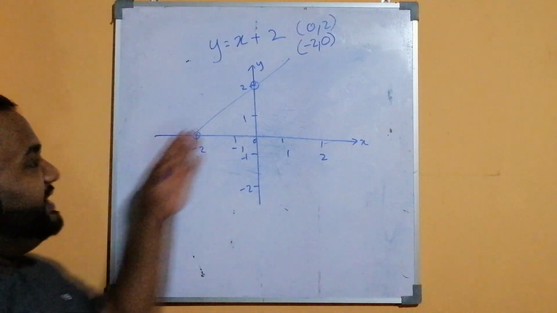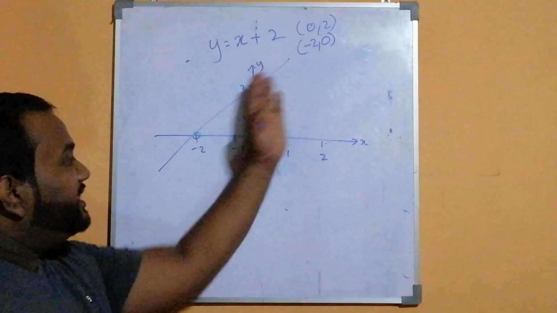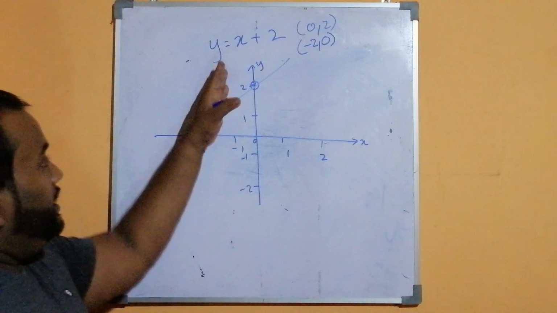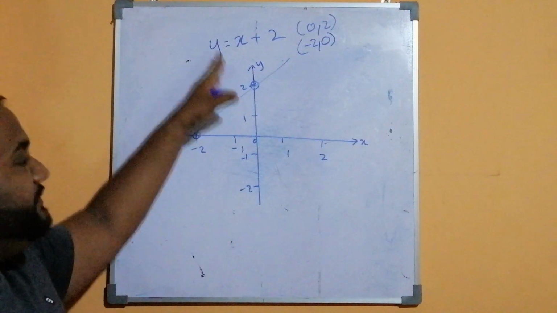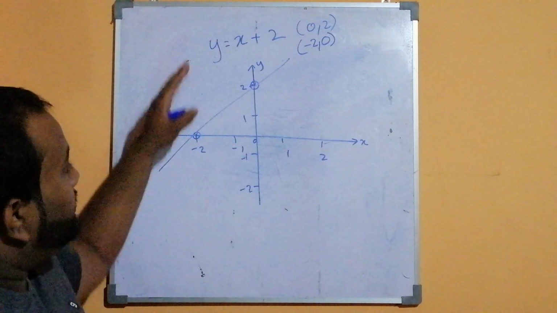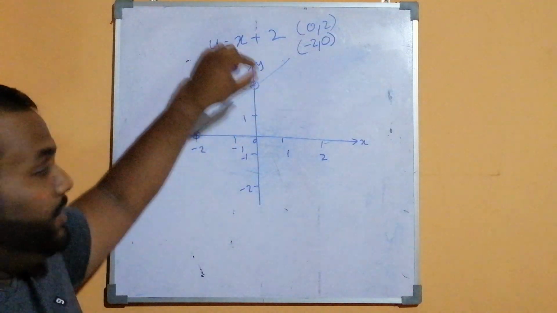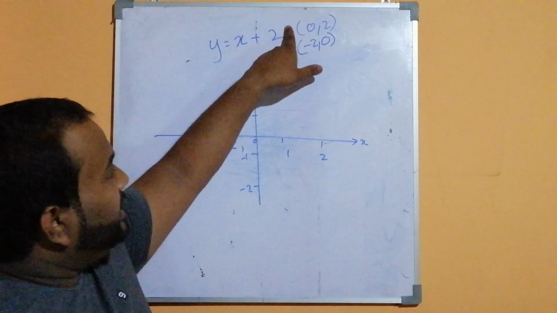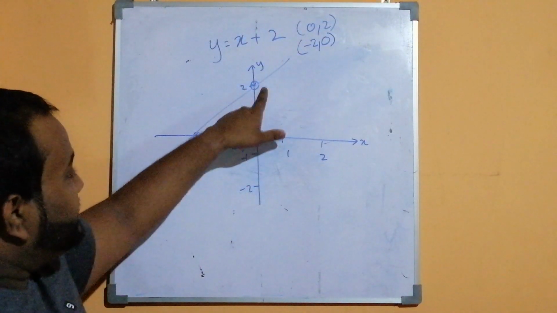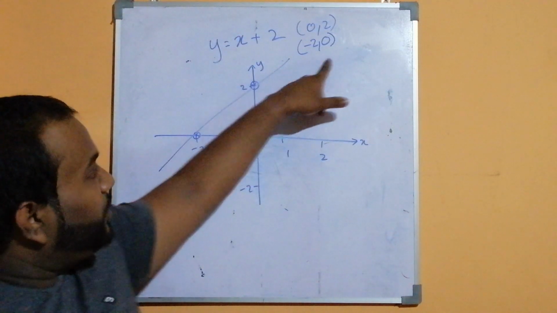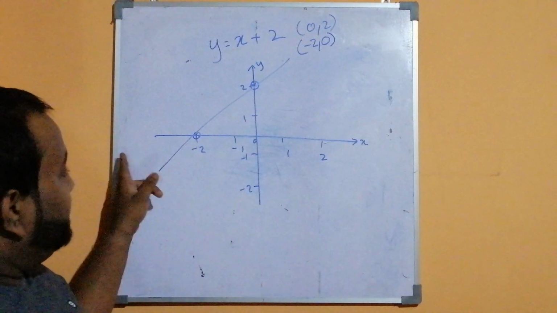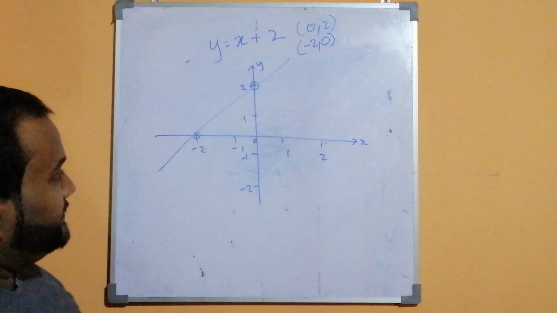As you can see, this is a straight line graph. Very simple. We sketch the graph by only using two coordinates, where one coordinate is the place where the graph cuts the y-axis and the other coordinate is the place where the graph cuts the x-axis.